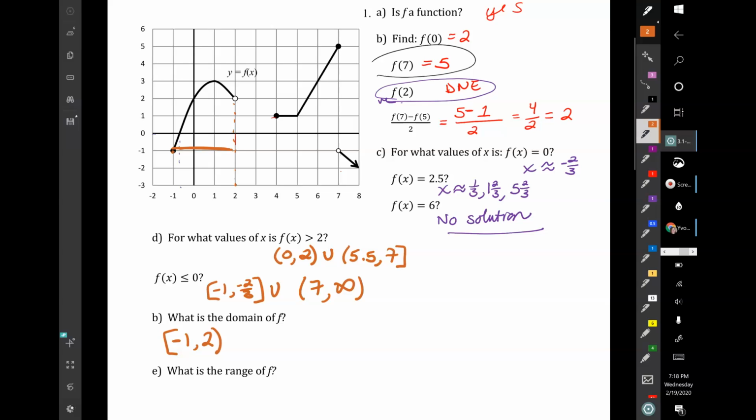Then I'm going to have a union with this next piece here. So when I hit this as a solid dot, 4 is my x value. And again, I want to have a bracket, comma, and then I travel across.